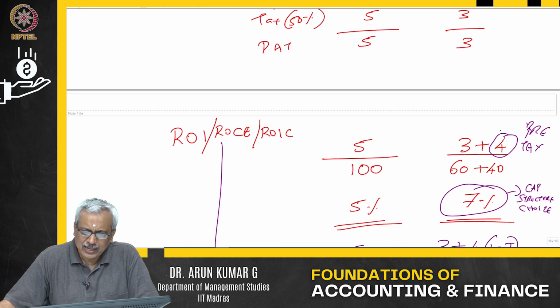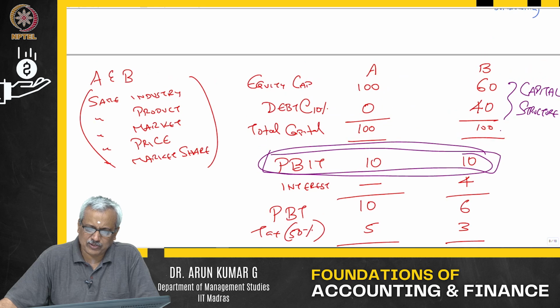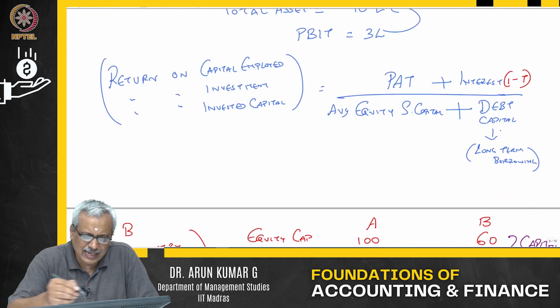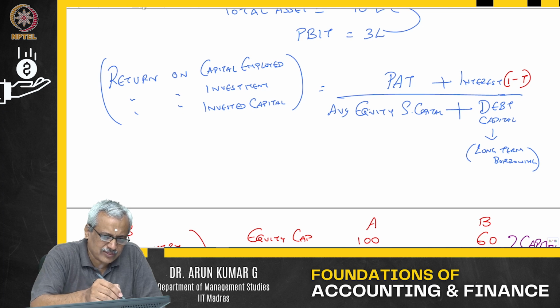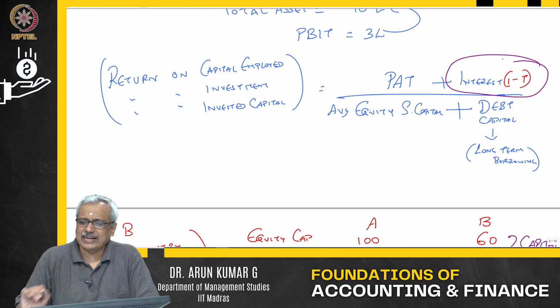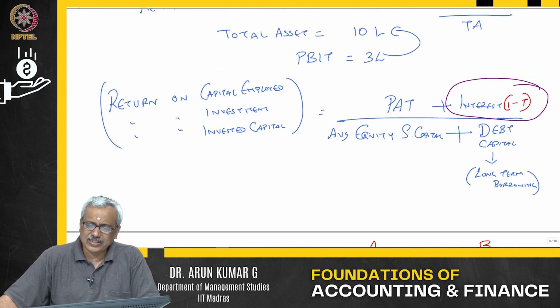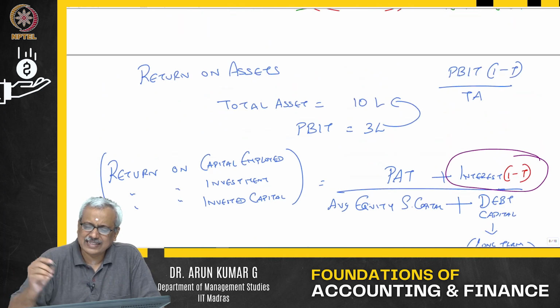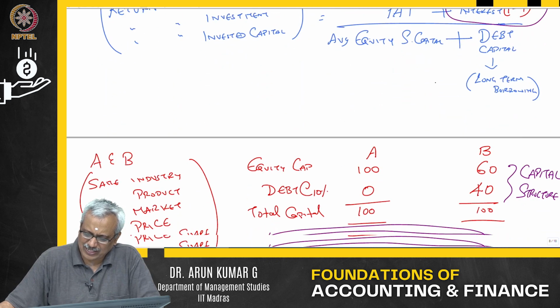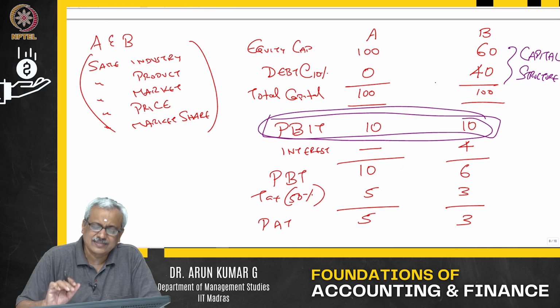So, what do I do? In this particular case also, if I have to calculate this, I will use 1 minus tax rate on the interest, because interest is pre-tax. The same is the case when I did the asset. The PBIT, the profit before interest and tax, I took itself.